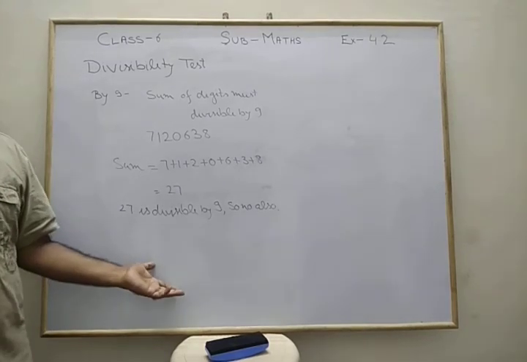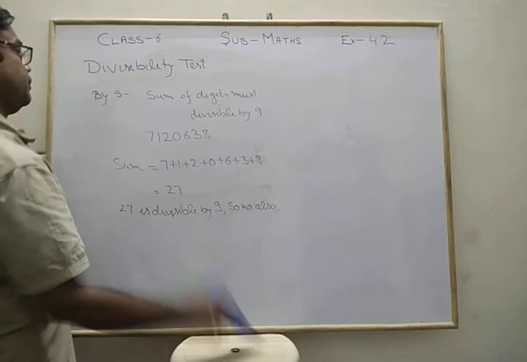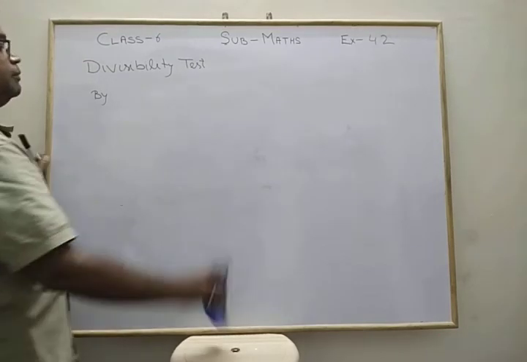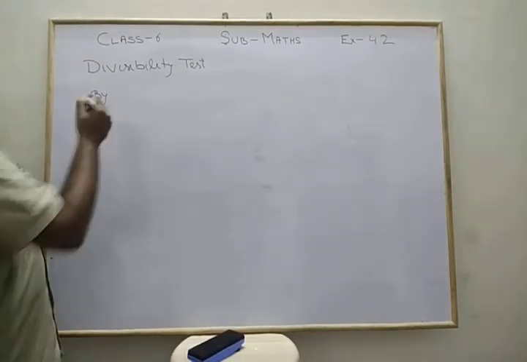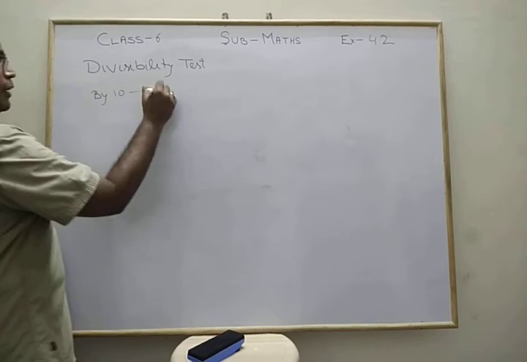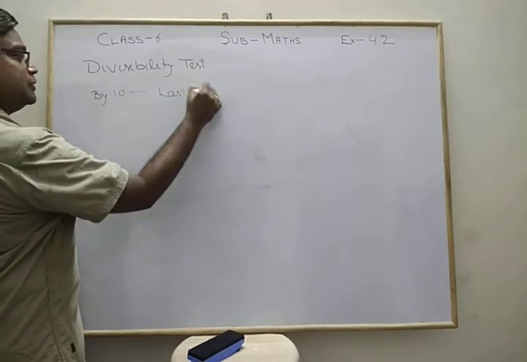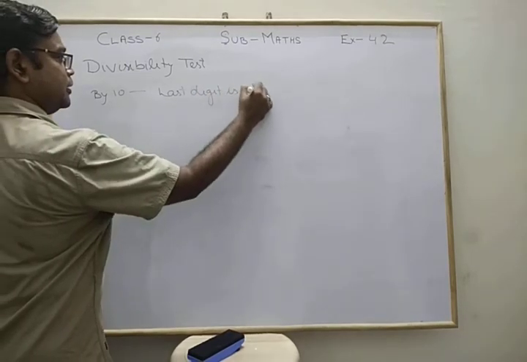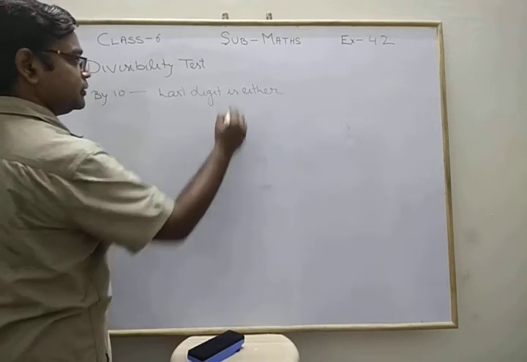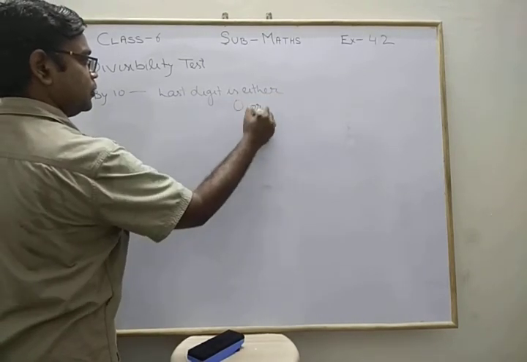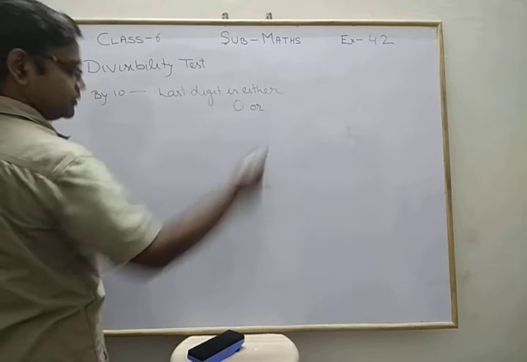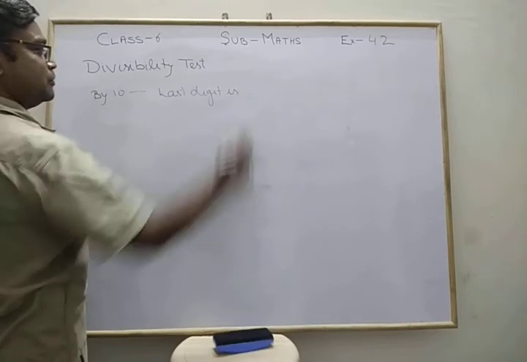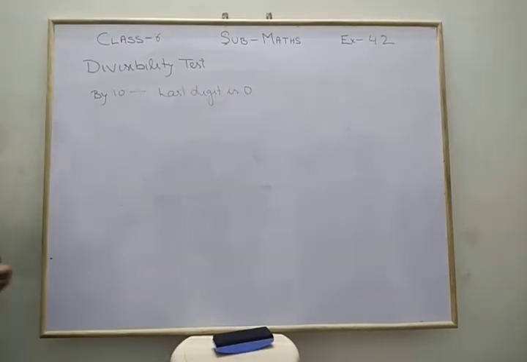After 9 we discuss 10. 10 is the easiest one. Find the divisibility by 10: if your last digit is 0, then the number is divisible by 10.